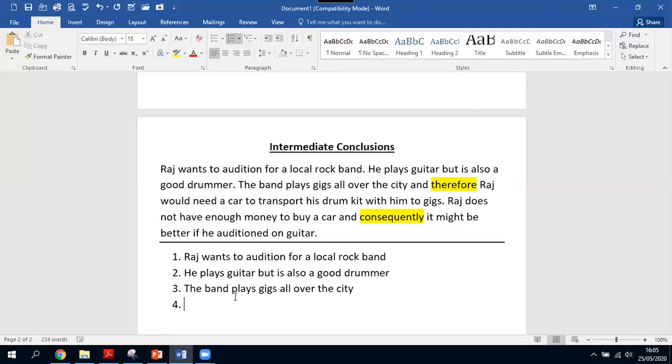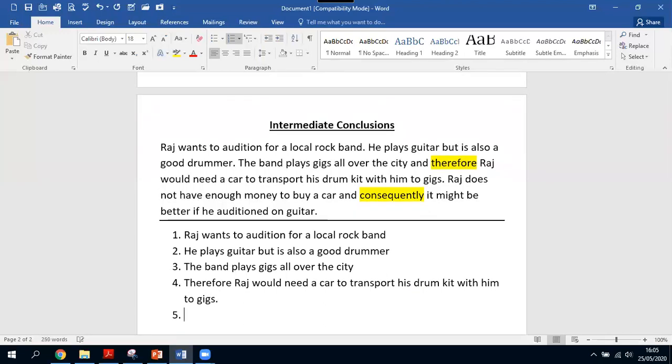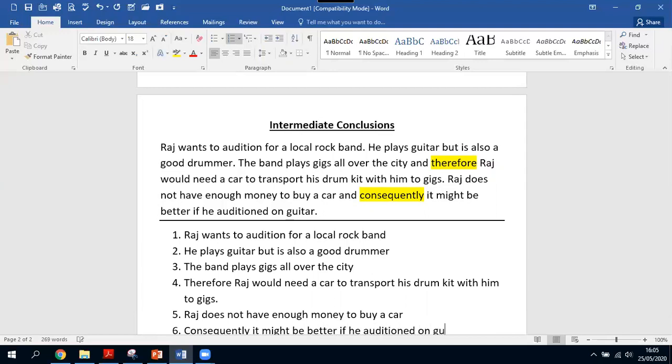And we've got a statement, therefore, Raj would need a car to transport his drum kit with him to gigs. 5, Raj does not have enough money to buy a car. Consequently, it might be better if he auditioned on guitar.